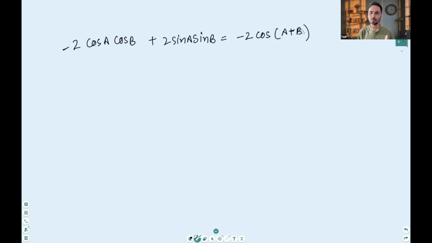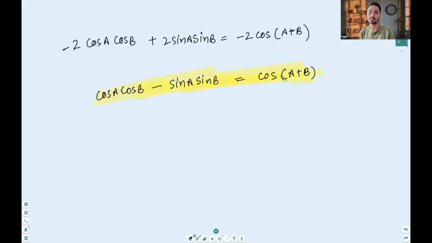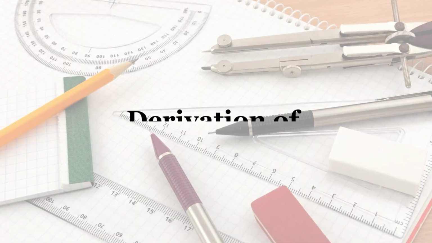So we will divide both sides by minus 2. So if you divide both sides by minus 2, we will get cos A times cos B minus sine A times sine B equals cos (A plus B). And this gives you the formula cos (A plus B) is equal to cos A cos B minus sine A sine B.